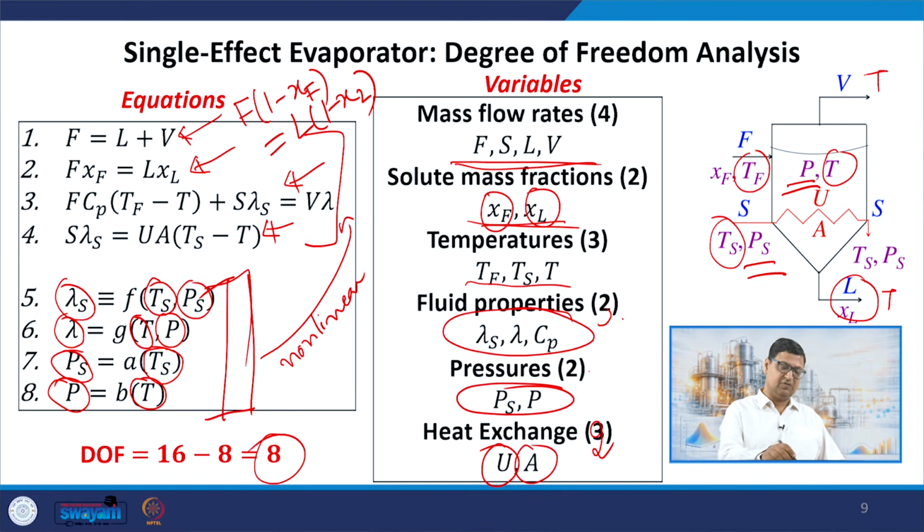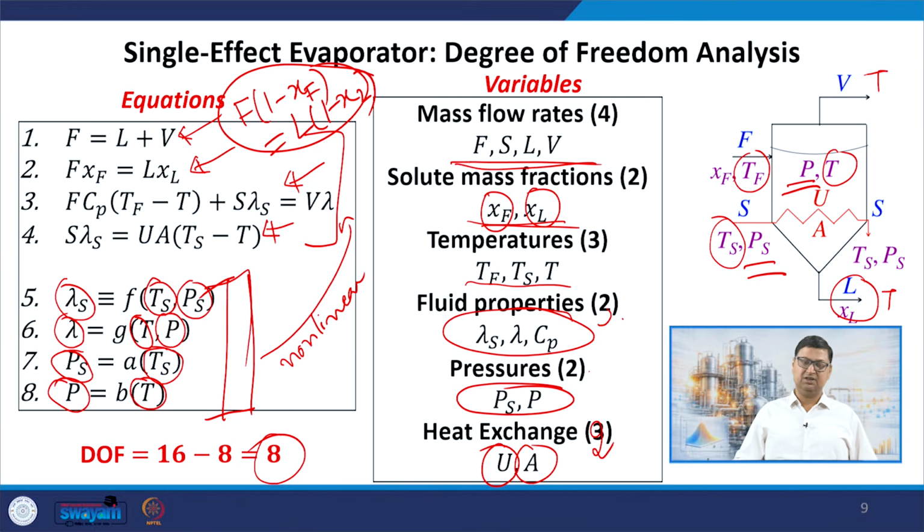And this equation, if I would have written, will not be an independent equation, because this can be obtained by basically subtracting equation 2 from equation 1. So, this is a wrong equation. If I would have included that, I would have got an additional equation, but that equation may not have been independent, right.